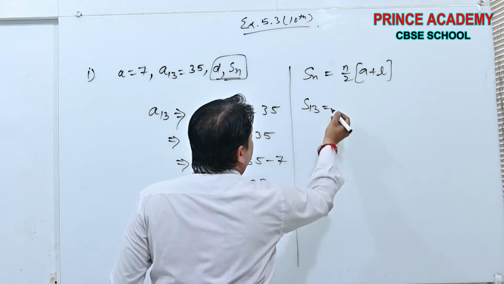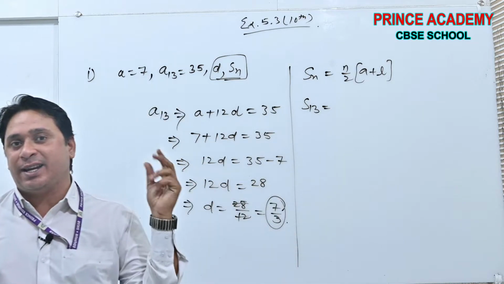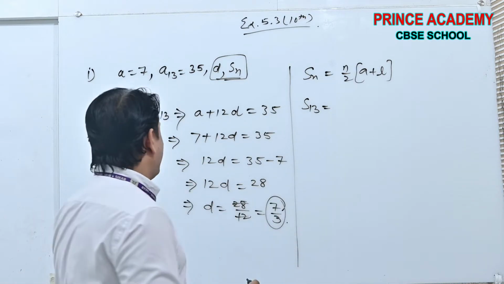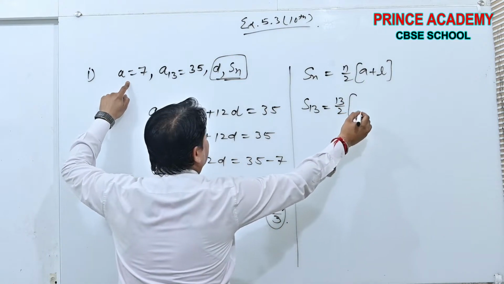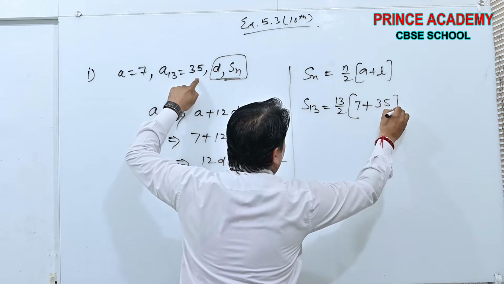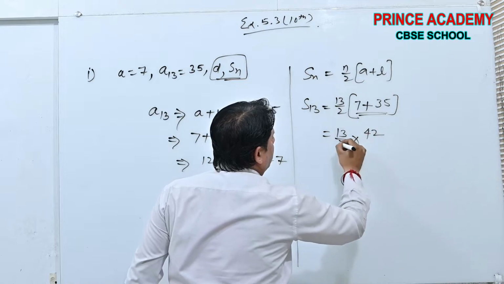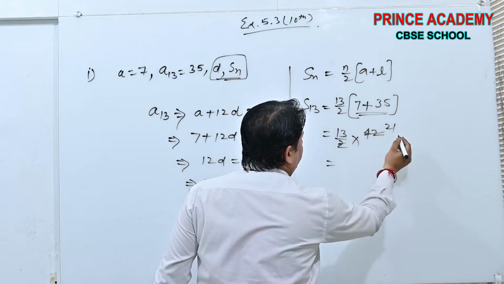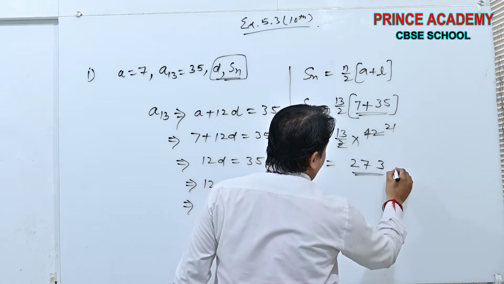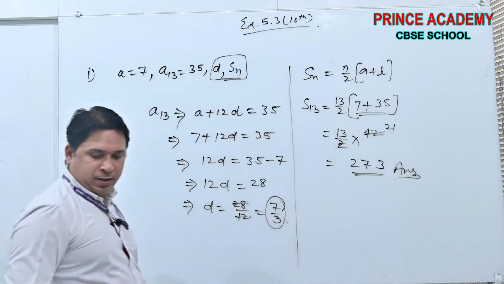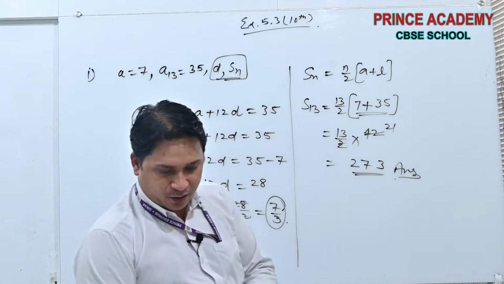Simply use the formula in the most convenient way you can observe. n by 2, a is 7, l is 35, yes or no? 13 by 2, and what is this? 42, cancel with this. 13 ones are 13, 13 twos are 26 plus 1, 27. 273. Okay, beta? Done? Good.